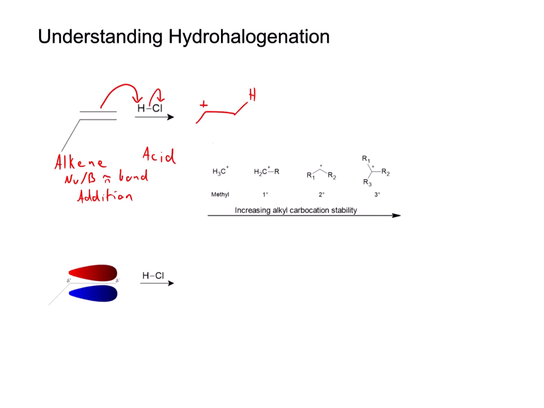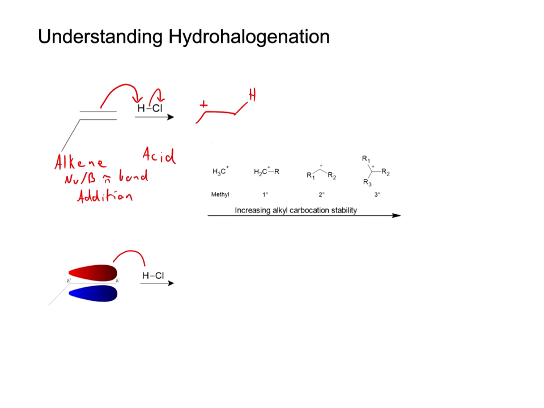The second diagram comes directly from this video. Remember earlier when I said that the pi bond in an alkene is easily polarizable. That means that when we have a partial positive hydrogen in HCl, that's going to attract the electrons from the pi bond to it. So you can kind of see where I have increased electron density getting pulled towards one side of the alkene, and that's the side that we're going to attack the hydrogen from.